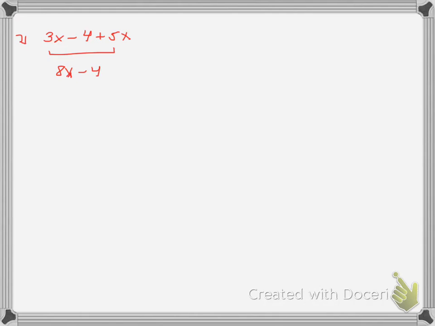22 says evaluate 0.3 plus 4.7 times 2. So what would I have to do for that one? I would take my 4.7, I would multiply it first, and then I would add. All right, so this is step number 1, and this is step number 2.